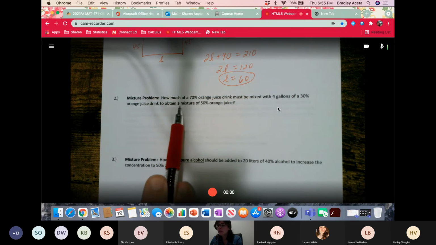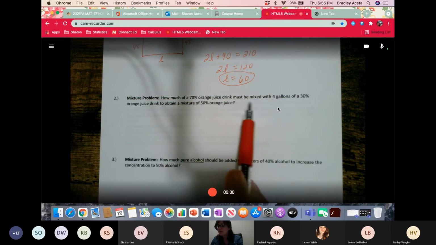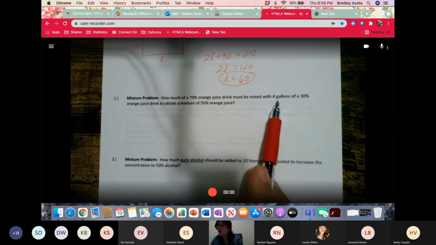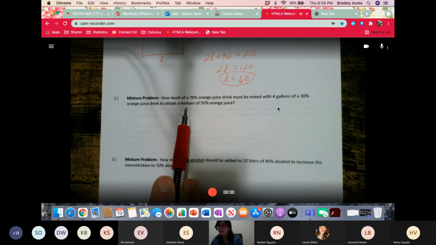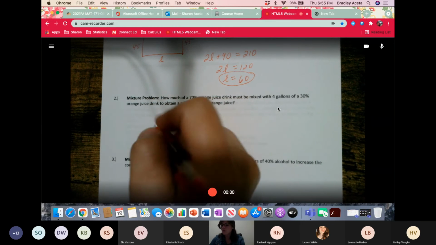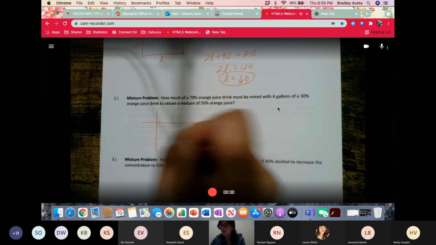It says how much of a 70% orange juice drink must be mixed with 4 gallons of a 30% orange juice drink to obtain a mixture of 50% orange juice. So the way I always set this up is I make 3 columns.